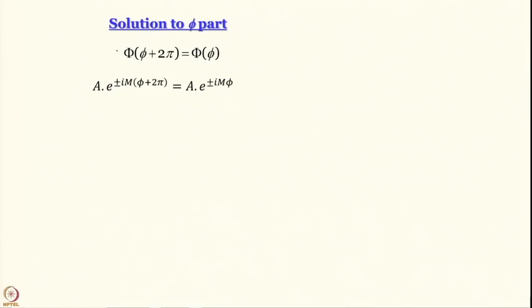Let us see. Now, if capital phi at phi plus 2 pi is equal to capital phi at phi, then we can write A multiplied by e to the power plus minus I m (phi plus 2 pi) is equal to A multiplied by e to the power plus minus I m phi, right. So, what is the solution?